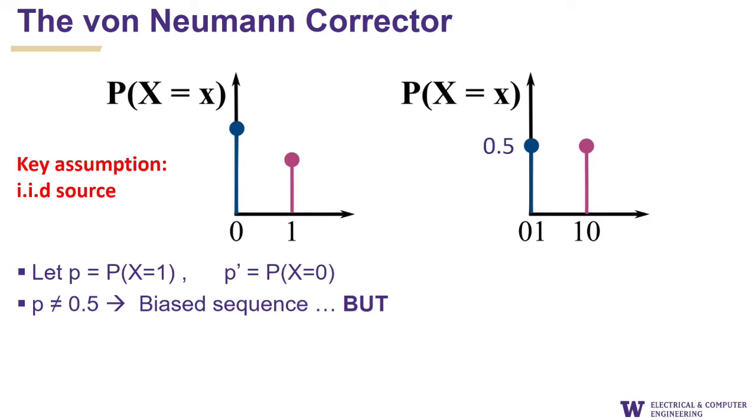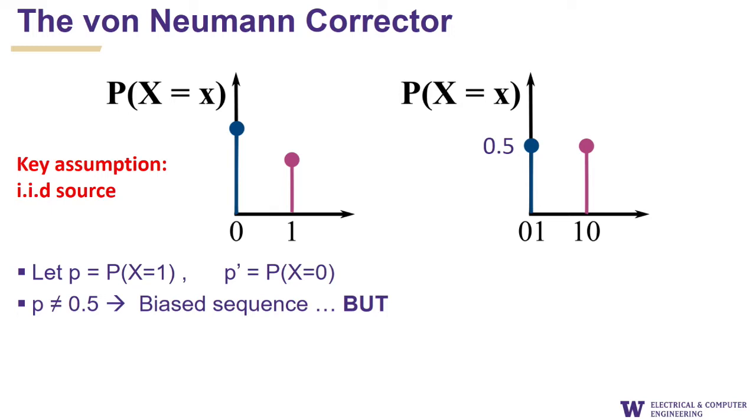Okay? Now, a key assumption with being able to correct bias for von Neumann correction is that you've got an independent source, not IID. It's an independent source. And it's a very simple observation. If I have bits that are being generated at a probability other than 0.5, there's bias.